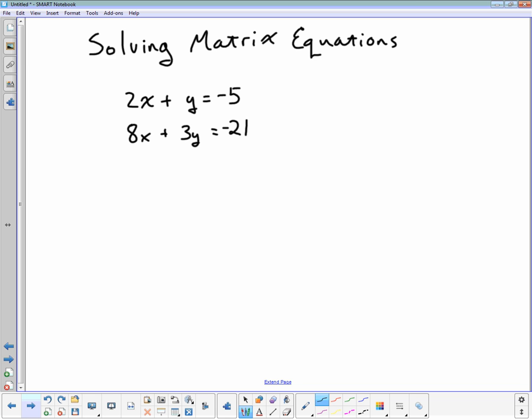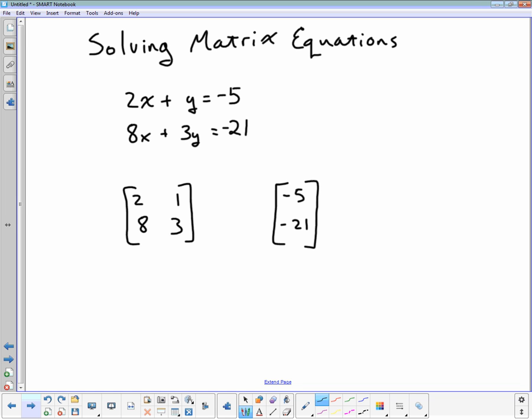We described this system of equations with an augmented matrix. We talked about a coefficient matrix. We talked about a solution matrix. The coefficient matrix, 2, 1, 8, 3. In the solution matrix, -5, -21.